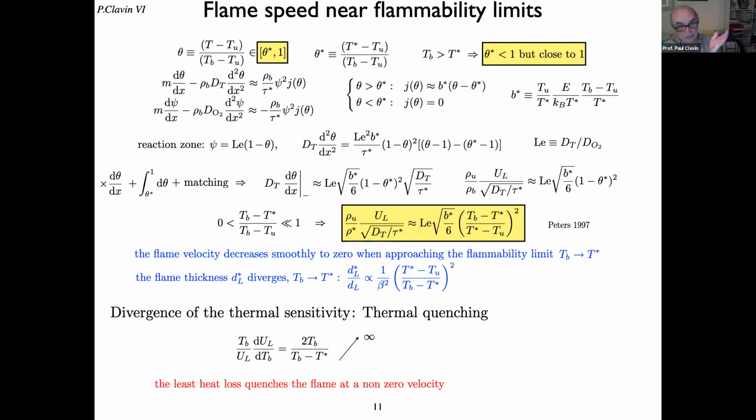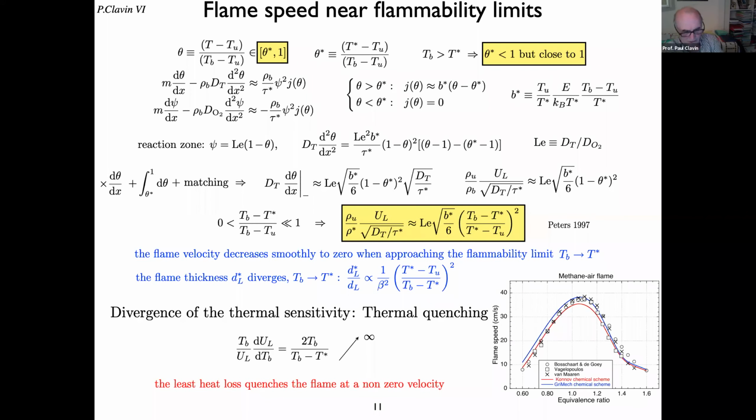So that, as I explained to you yesterday, the heat losses quench the flame near the flammability limit. And this is why the flammability limit is, contrary to what is predicted by the adiabatic case here, the flame speed is non-zero.